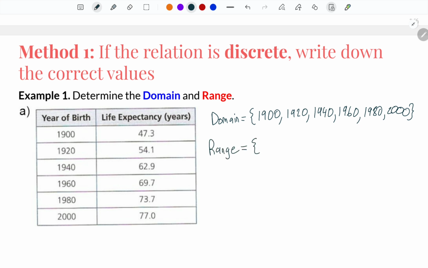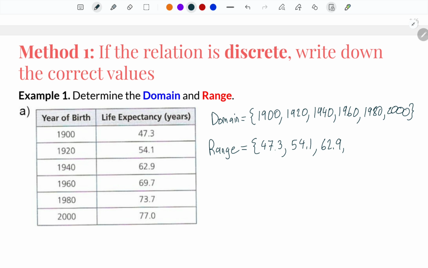And for the 6 outputs, it's 47.3, 54.1, and you'll see with this, I don't even need to do that fancy notation where I had x as an element of R. Because in that case, we're saying we're covering all values, and then we'd usually say between a couple of numbers. But here we're not covering all values.